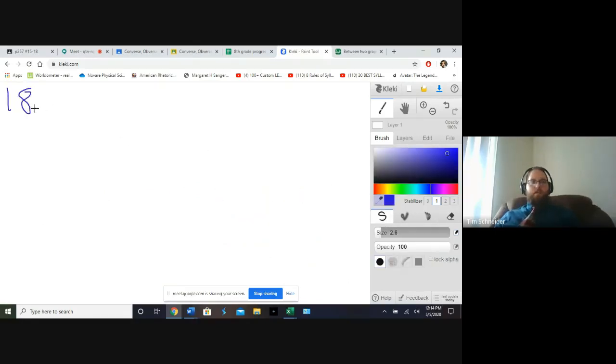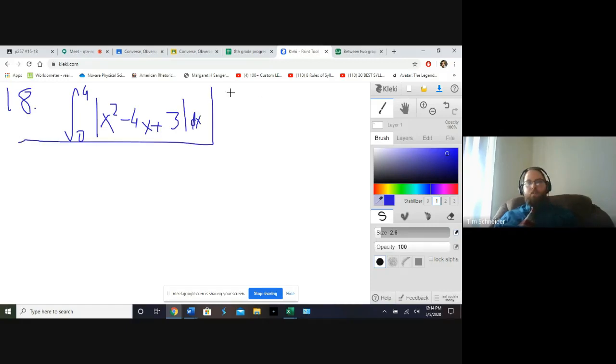For 18, you have the integral from 0 to 4 of the absolute value of x squared minus 4x plus 3 dx. Okay, so the first step is what? What's our first step in solving this?